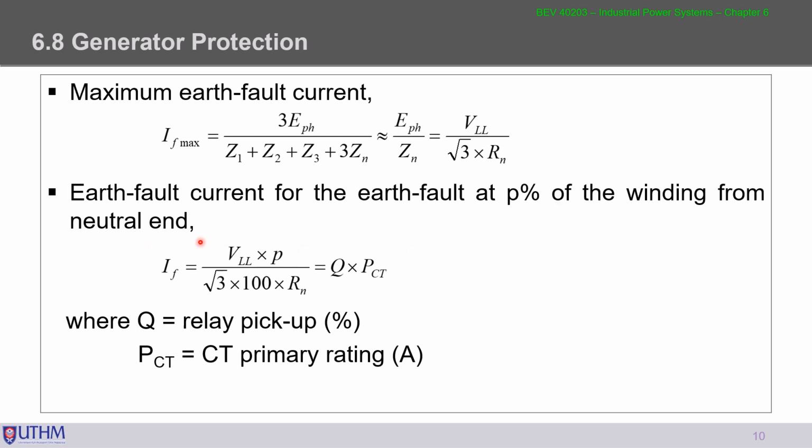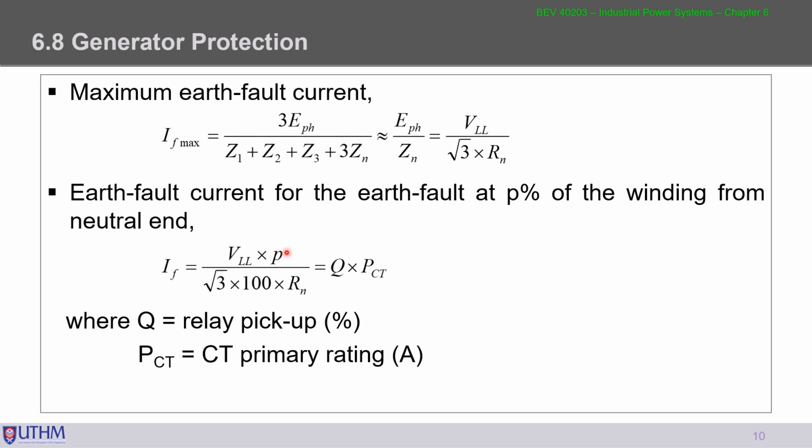Then the spot current for a spot at P% of the winding from the neutral end. If we want to calculate the spot current for a spot at P%, we just multiply this formula IF max with the percentage.